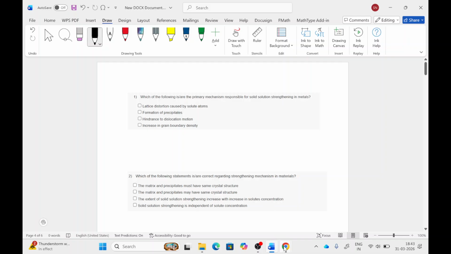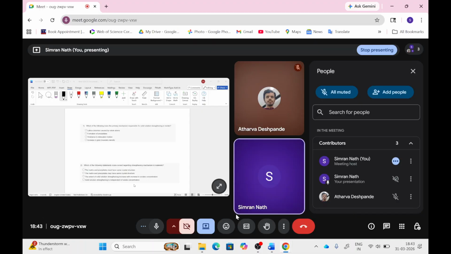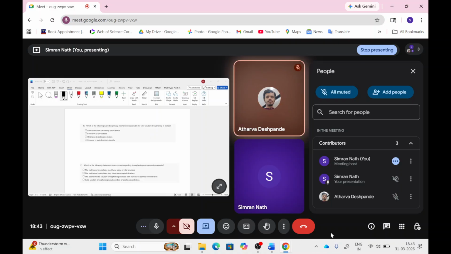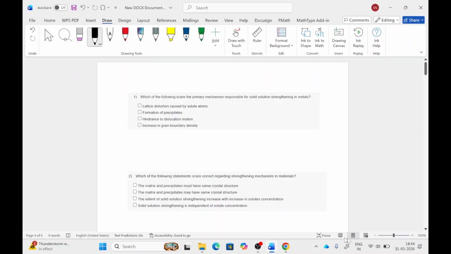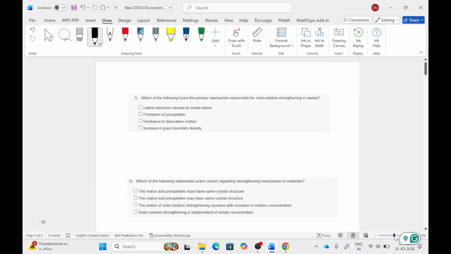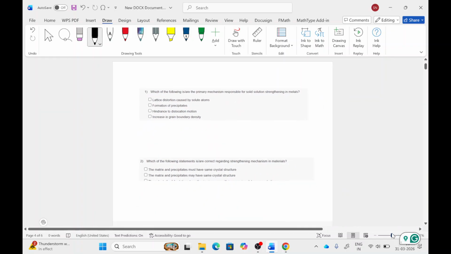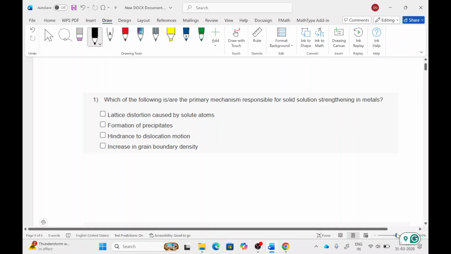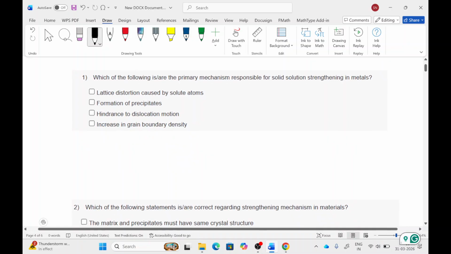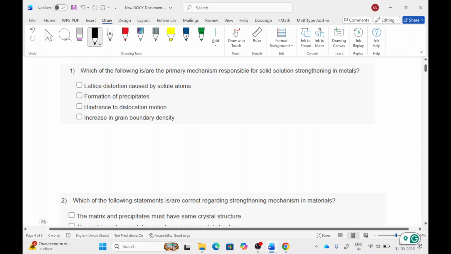So can you see the questions? Okay. So the first question says, which of the following are the primary mechanism responsible for solid solution strengthening in metals?